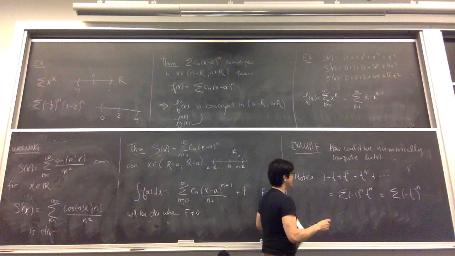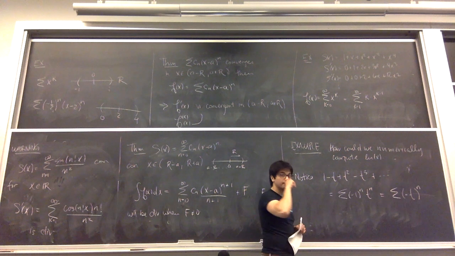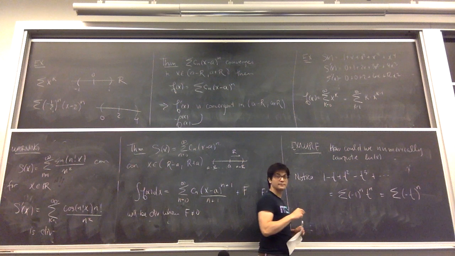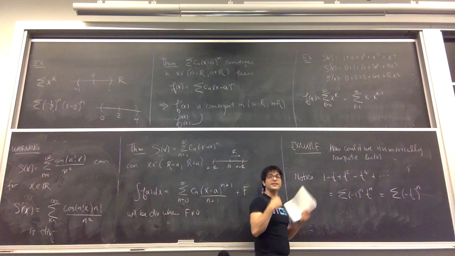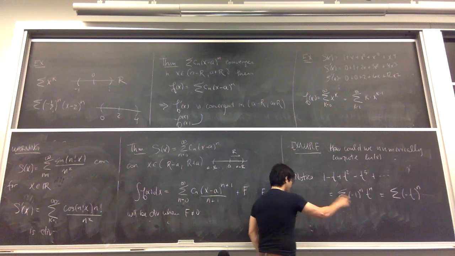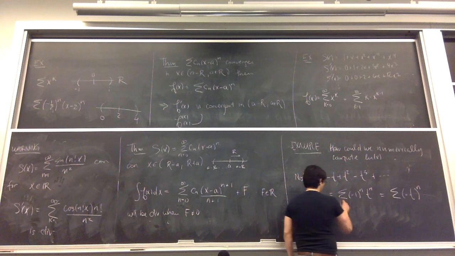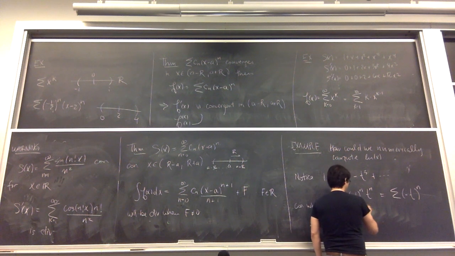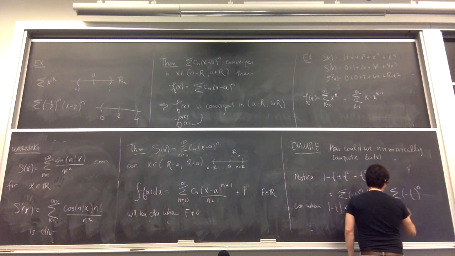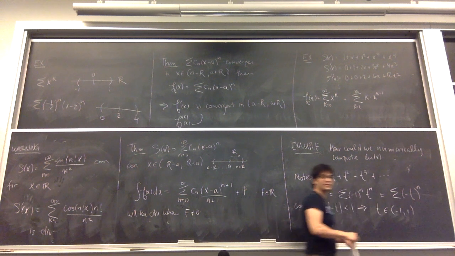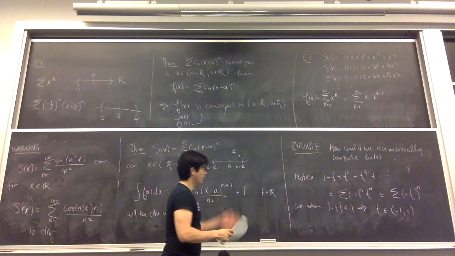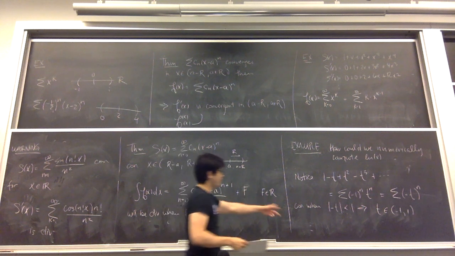All right, when does this converge? When the absolute value of minus t is less than 1, which means t has to be within minus 1 and 1. That's pretty obvious.